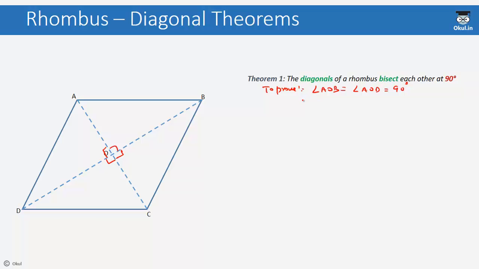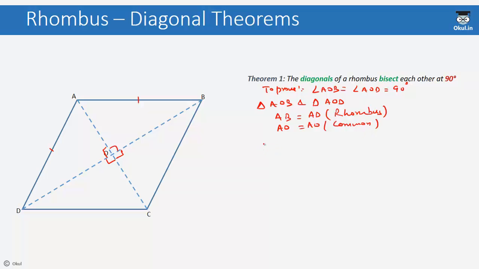If I look at triangle AOB and triangle AOD, we know that AB is equal to AD because adjacent sides of a rhombus are equal. That is, AB is equal to AD. Also, AO is equal to AO because this is a common side.